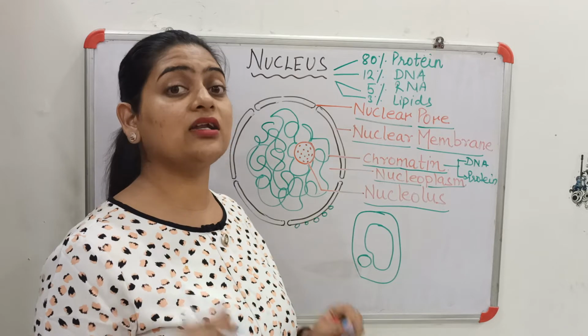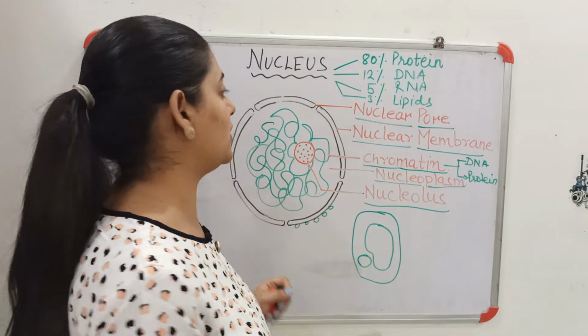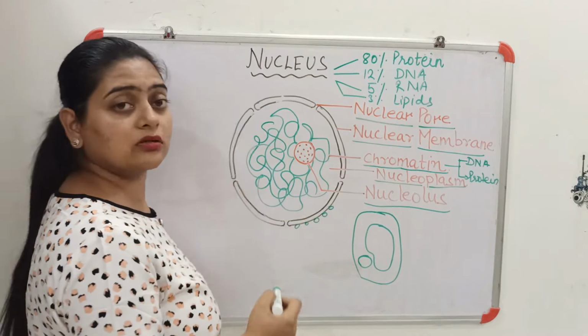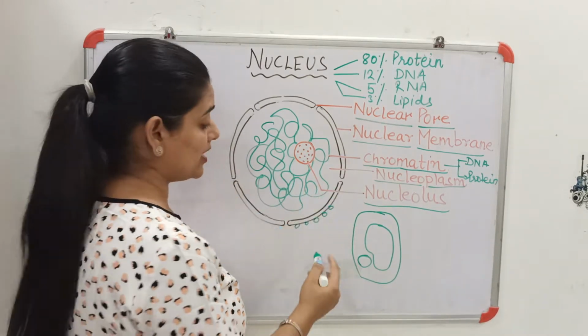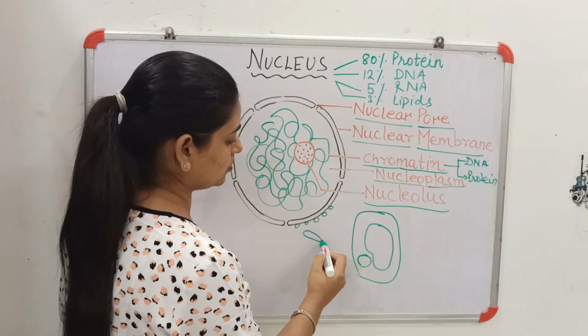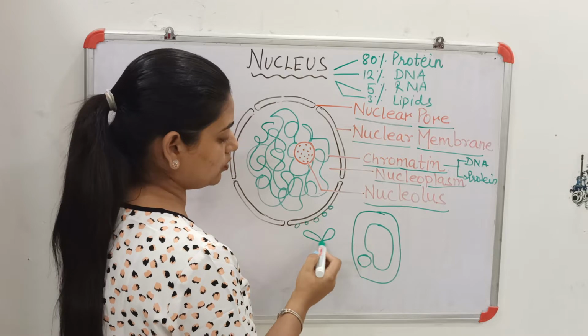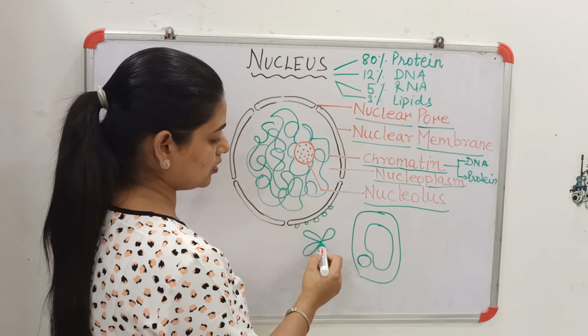Now when cell division has to happen, at that time what happens? These thread-like structures condense and they form these types of structures. One is this one, and in the same way another one.